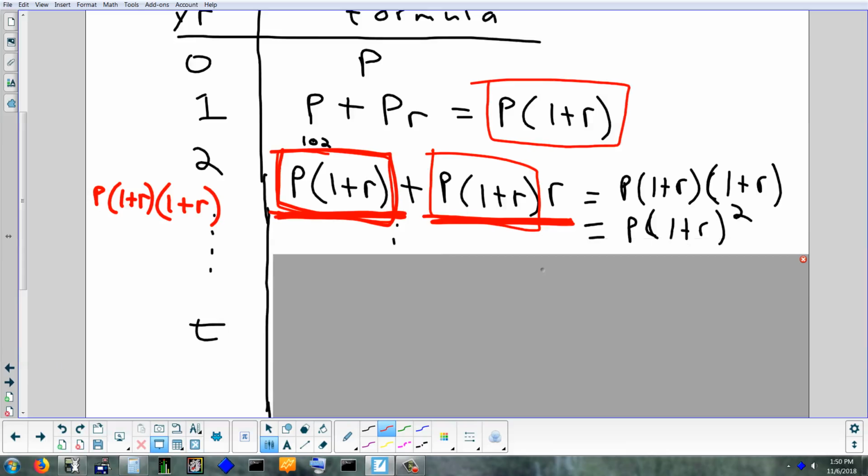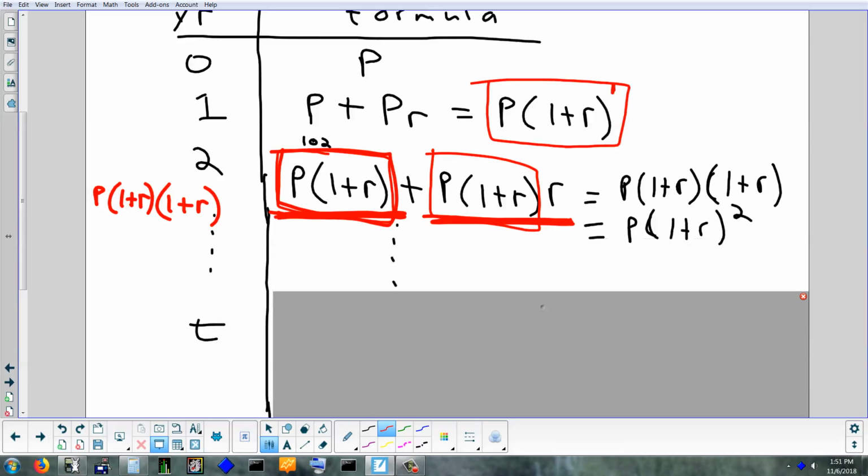Does anyone have a guess if I went for year 3, what the formula would be? We had P times 1 plus r to the first, even though I didn't write first. P times 1 plus r to the second. What about for the third year? Yeah. P times 1 plus r to the third. Yes. And how about for the year t?